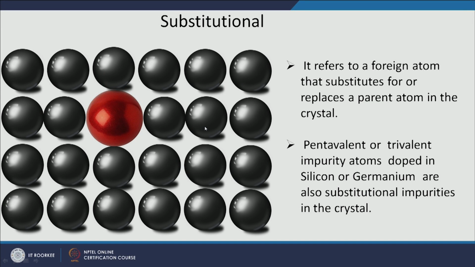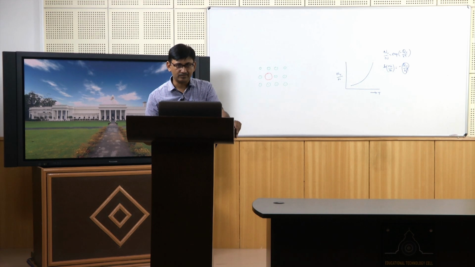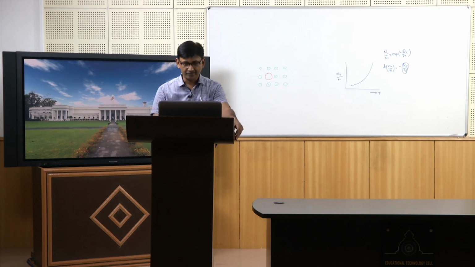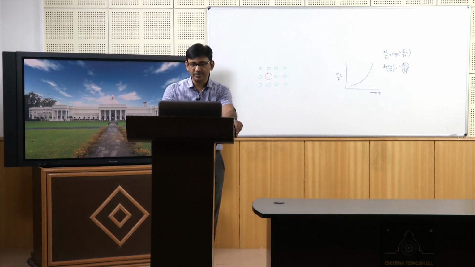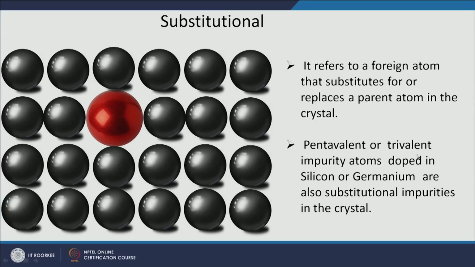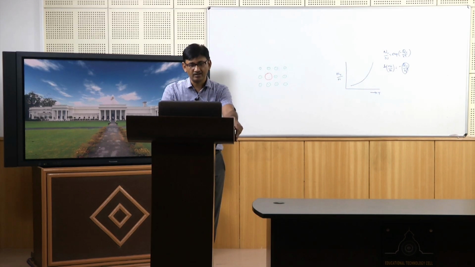In case of substitutional, it is taking the lattice site occupied by the host atom, and that is why it is called substitutional defect, or substitutional impurity atom, which is occupying this particular position. Okay. In pentavalent or trivalent impurity, where we prepare a semiconductor, when we dope silicon or germanium by either pentavalent or trivalent impurity, okay, they occupy these substitutional positions only.